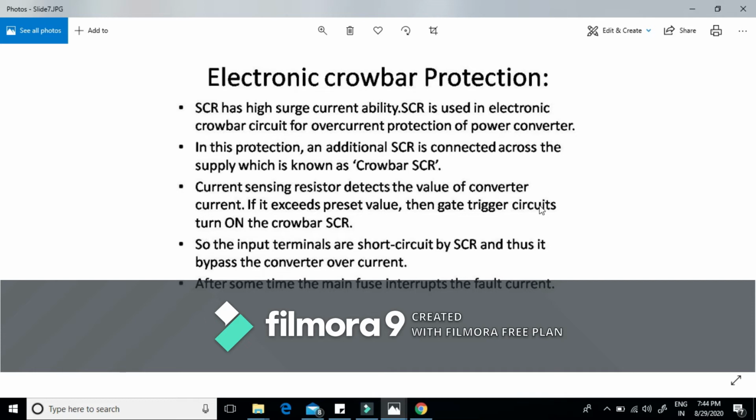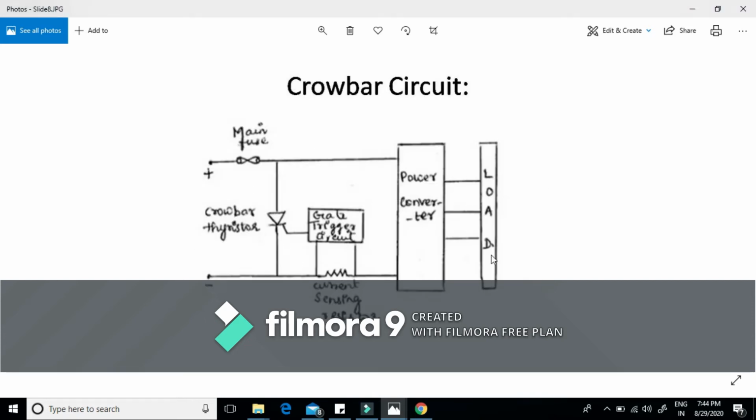In this electronic crowbar protection, we are using an additional SCR that is connected across the supply, which is known as the crowbar SCR. This is the basic diagram of the crowbar circuit. It consists of a crowbar SCR that is connected across the input DC terminals. Here we have a current sensing resistor that detects the value of converter current.